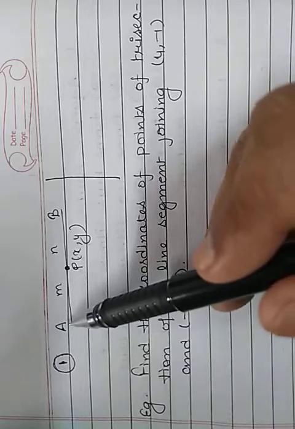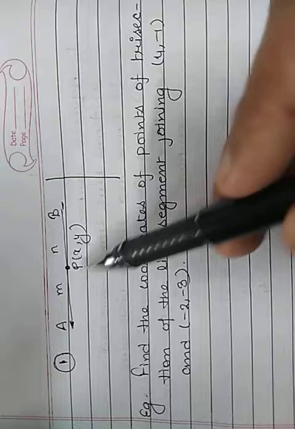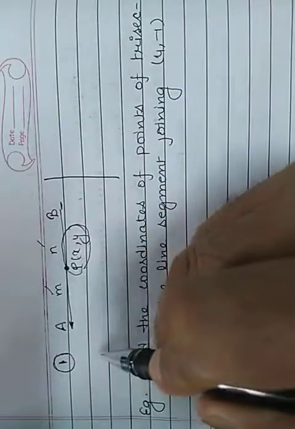Listen, the first type: when the coordinates of A and B are given, the ratio is given, and we have to find the coordinates of this point P, x and y.